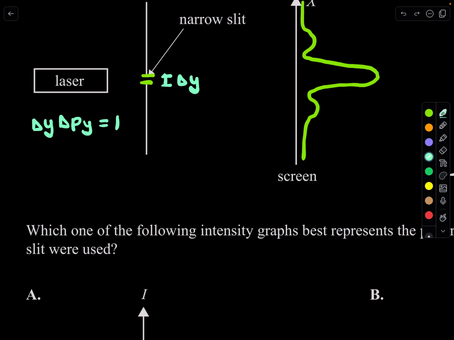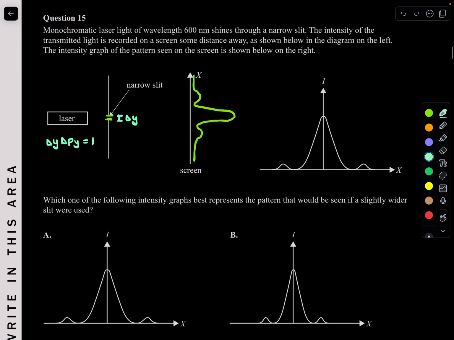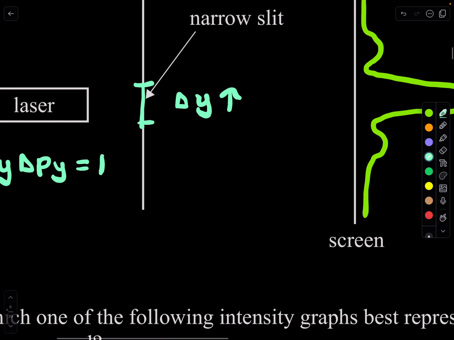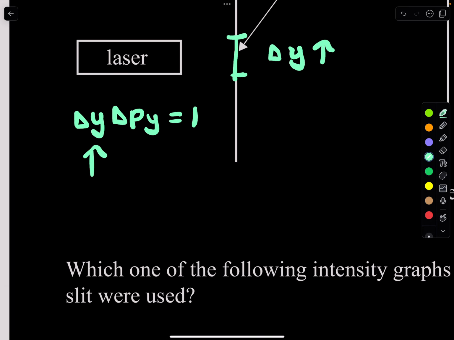So imagine that we increase it, because remember the question says it's a slightly wider slit. If we make this wider, now we've increased the uncertainty in the position in the direction of y. Now, these two products must equal 1. If we've increased this, the momentum in the y direction must decrease.